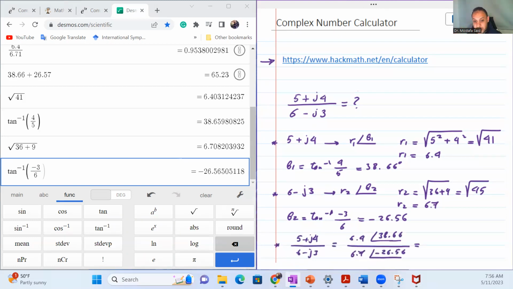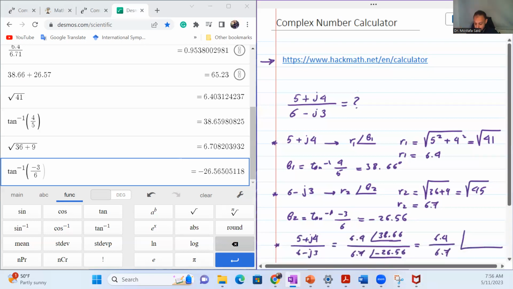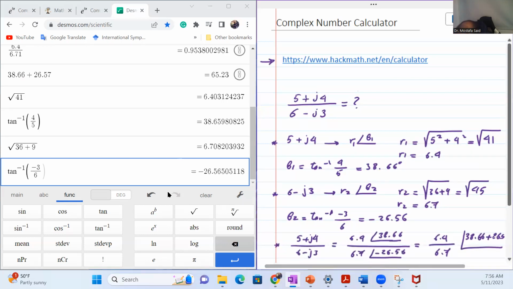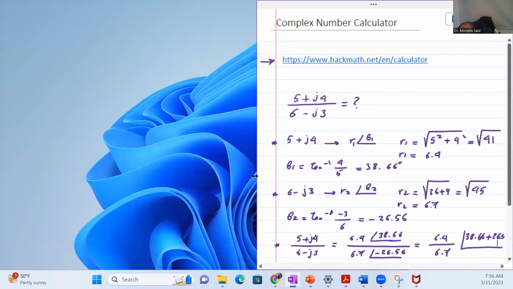When you divide polar over polar, you can just divide the amplitudes, 6.4 divided by 6.7, and subtract the angles. So 38.66 minus minus 26.56, so it will be positive, 38.66 plus 26.56.